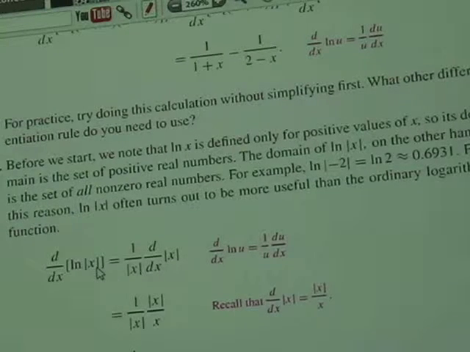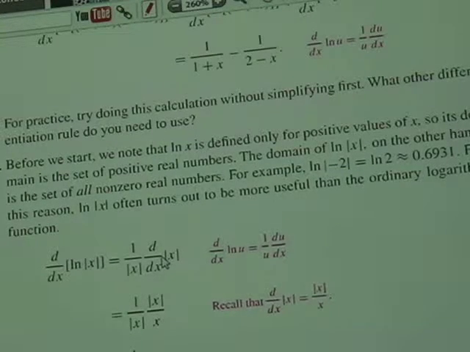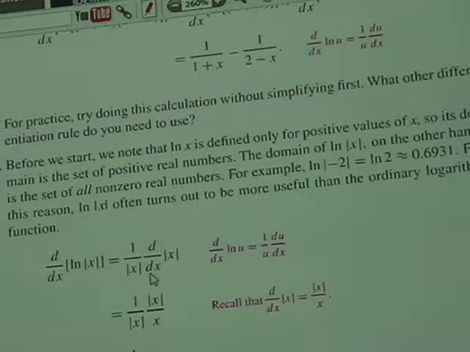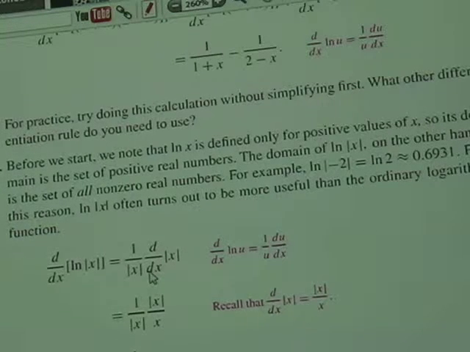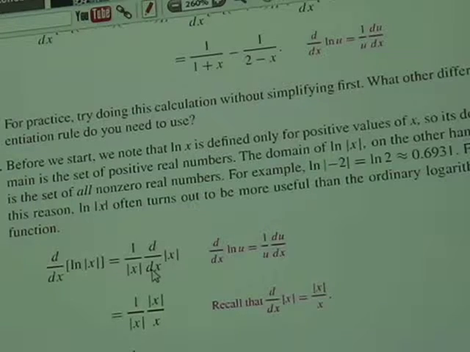How do we do that? What rule are they using here? There are two rules being used, but which one do you think I'm asking about? The chain rule. Of course, they're also using the derivative of ln of x, but they're using the chain rule.